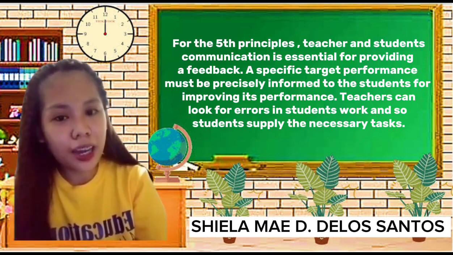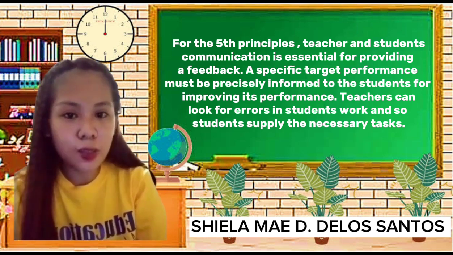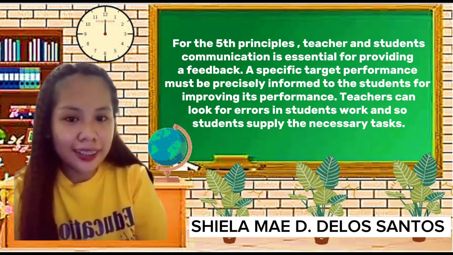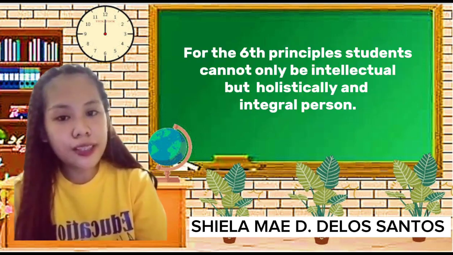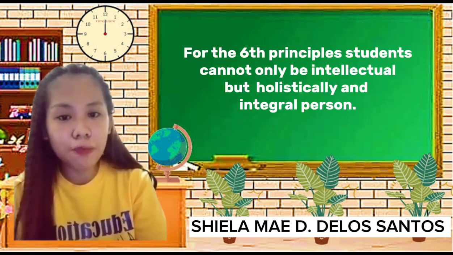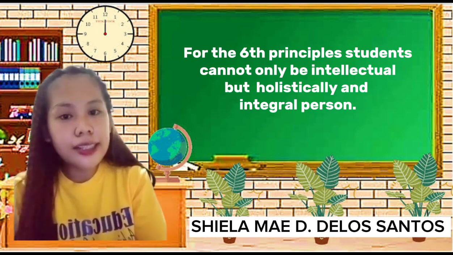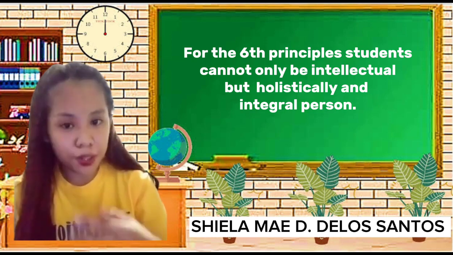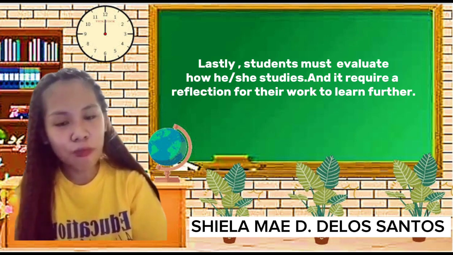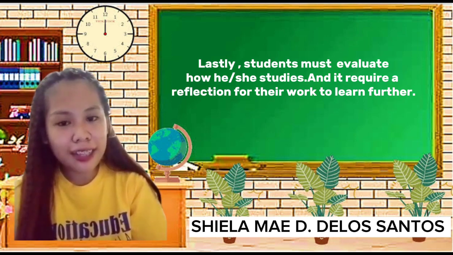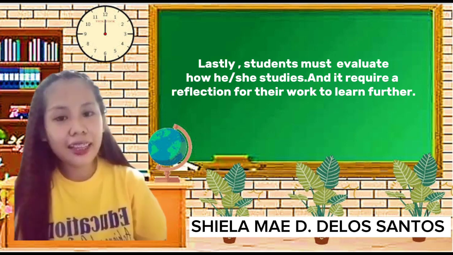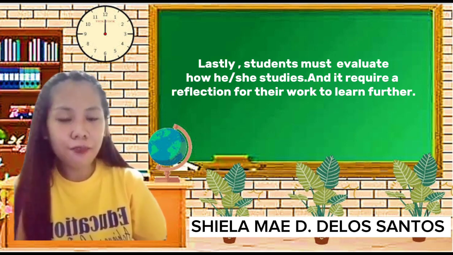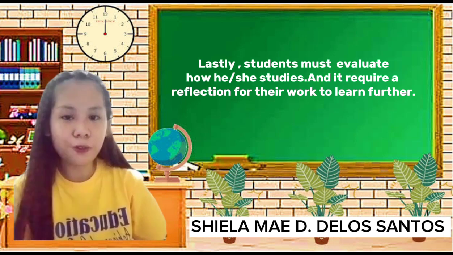Teachers can look for errors in student work, and students supply the necessary tasks. And for the sixth principle, students are not only intellectual, but holistic and integral persons. Lastly, students must evaluate how they study, and it requires reflection on their work to learn further.